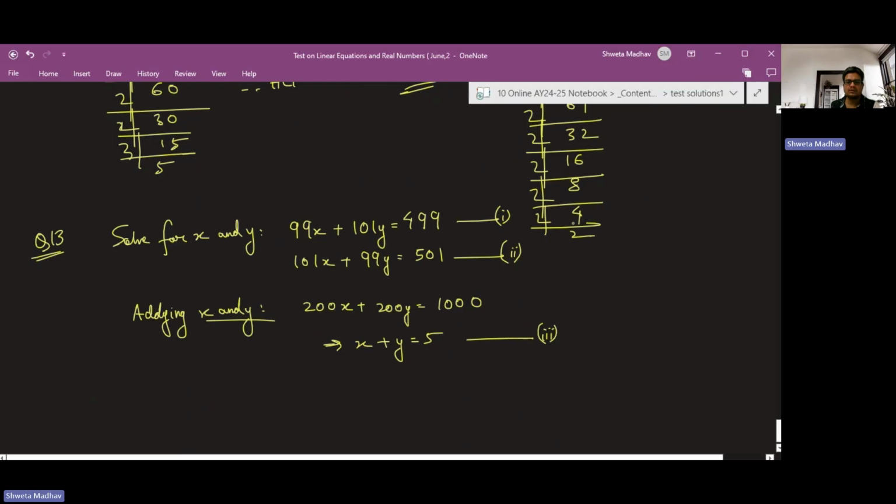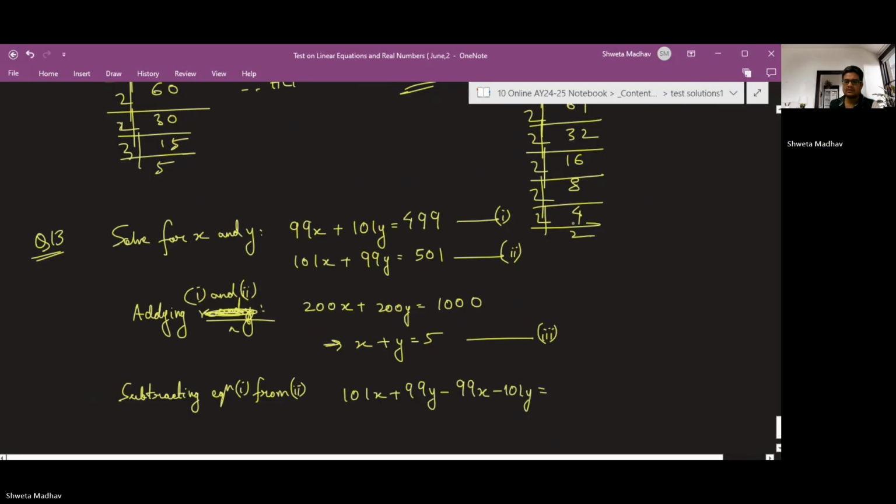Here we are adding equations 1 and 2. And then subtracting equation 1 from equation 2, we get 101x plus 99y minus 99x minus 101y equal to 501 minus 499.